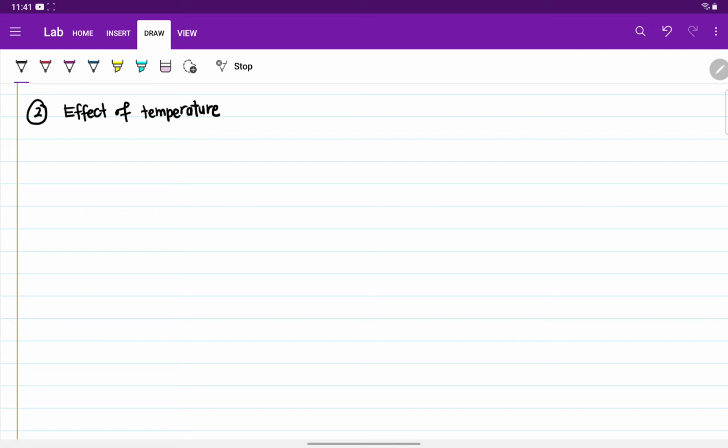So, untuk effect of temperature, sebelum kita tengok kepada the effect itself, kita kena tahu untuk temperature kita ada dua keadaan. Yang pertama, kita ada exothermic reaction dan yang kedua kita ada endothermic reaction. Okay, so what does this mean? Apakah exothermic? Apakah endothermic?